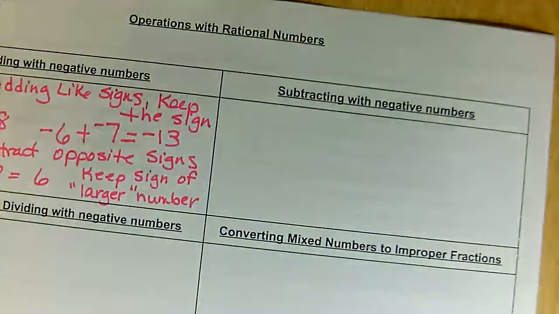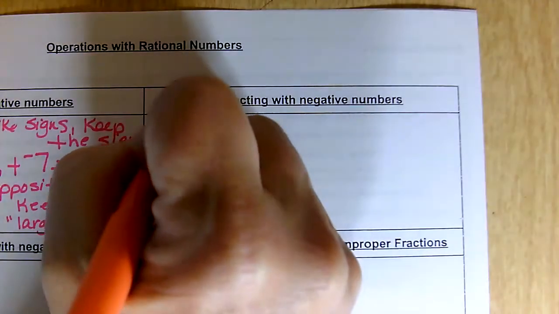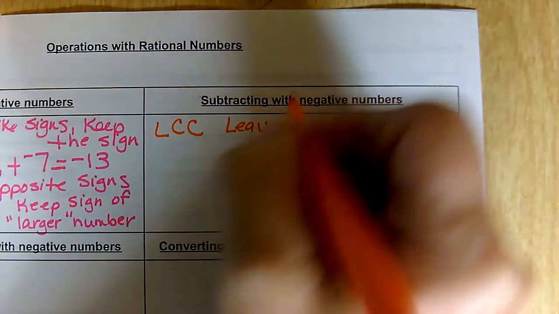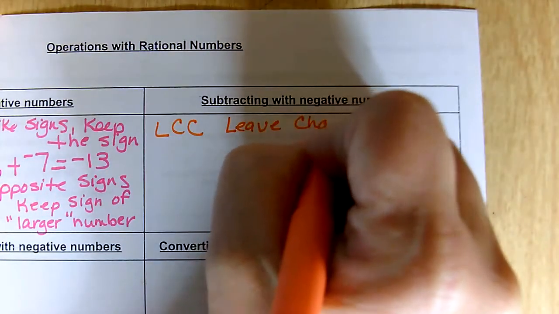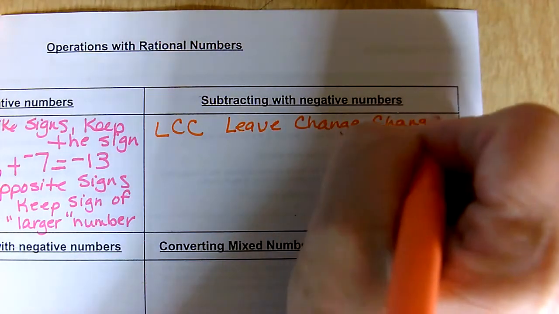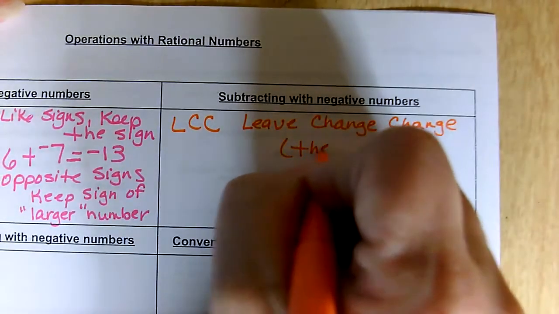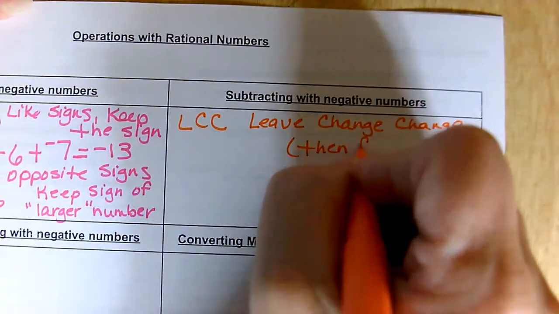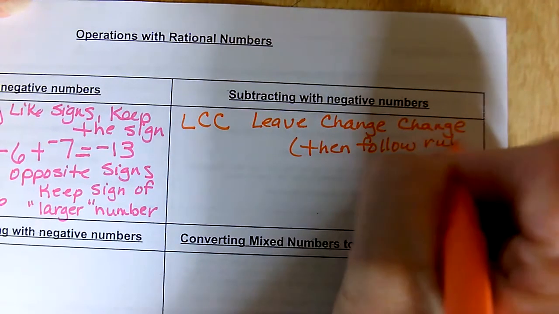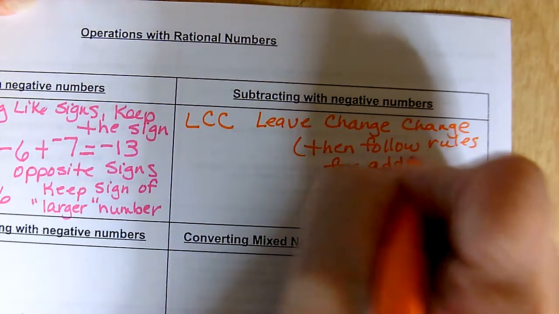Subtracting with negative numbers. You're going to leave the first number alone, change the sign, and then change the last number. After you do that, you're just back to adding. Then follow the rules for addition.